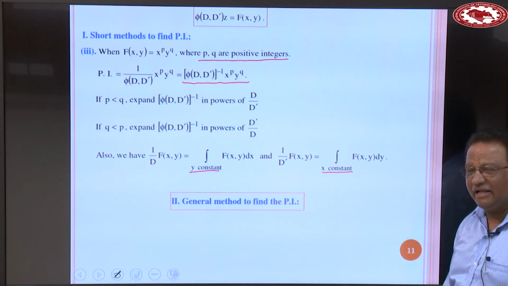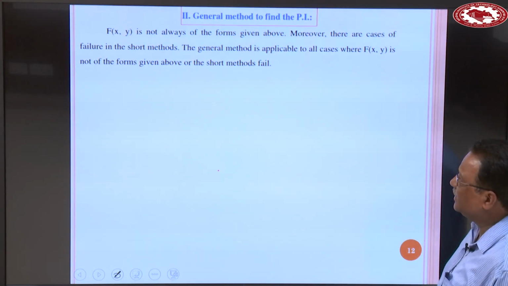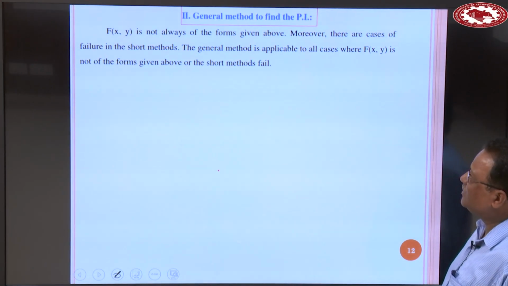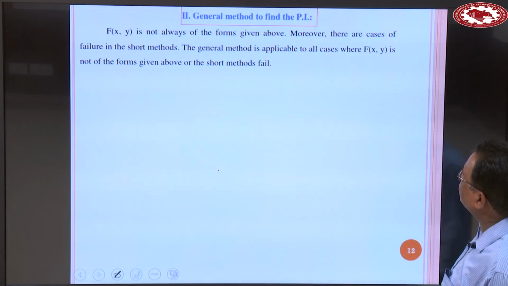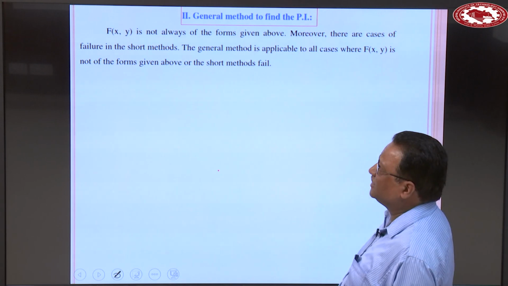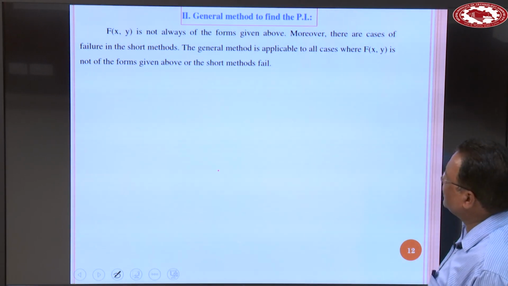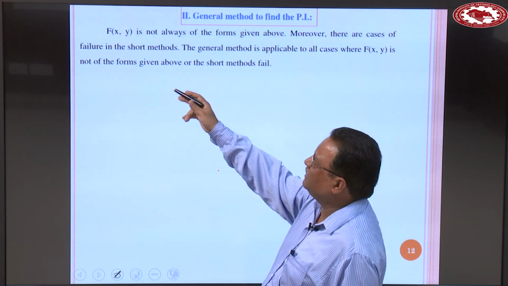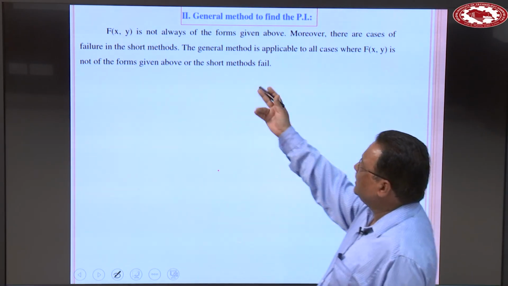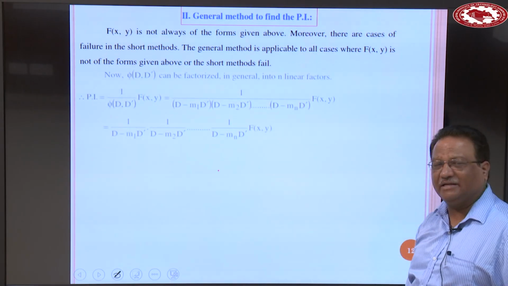Now, what is the general method to find the particular integral? f(x,y) is not always of the form given in the previous slides. Moreover, there are cases of failure in the short methods. The general method is applicable to all cases where f(x,y) is not of the forms given in the previous slides or the short method fails. So what happens in that case?